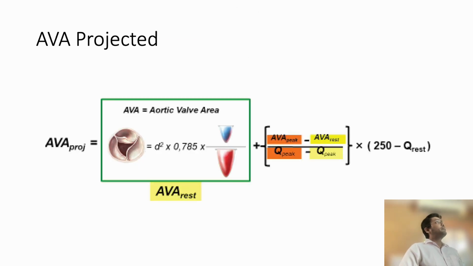This is the formula, taken from the JACC 2020. This is the aortic valve area: D square into 0.785 plus the aortic valve area peak minus aortic valve area rest, divided by flow peak minus flow rest.